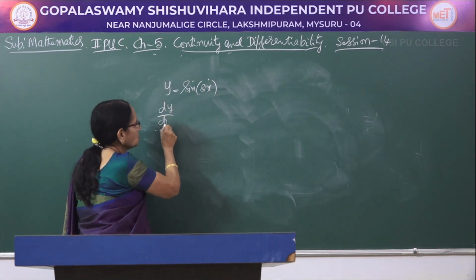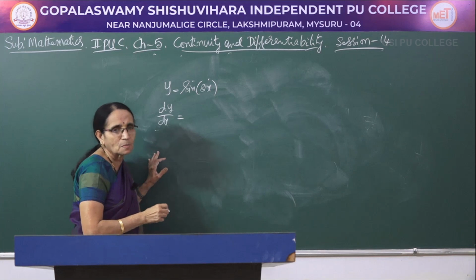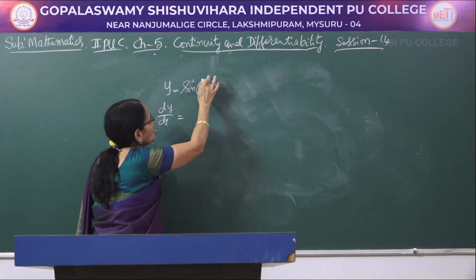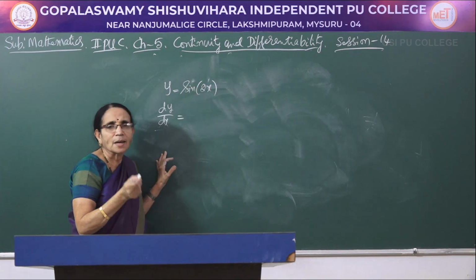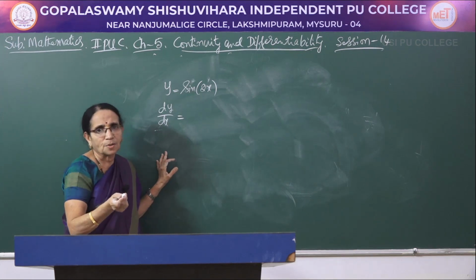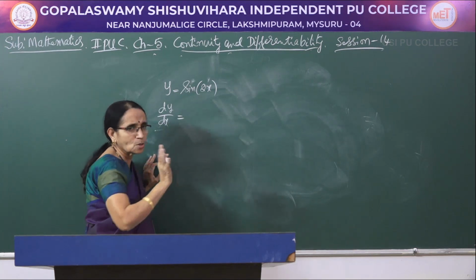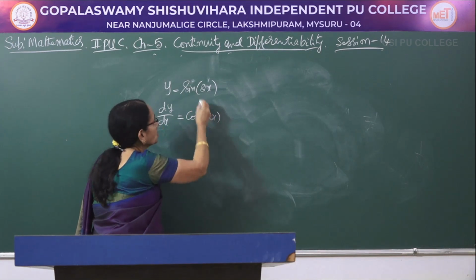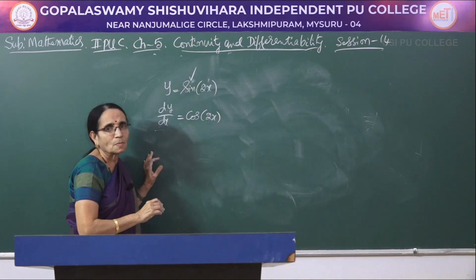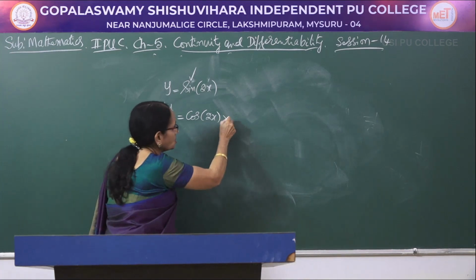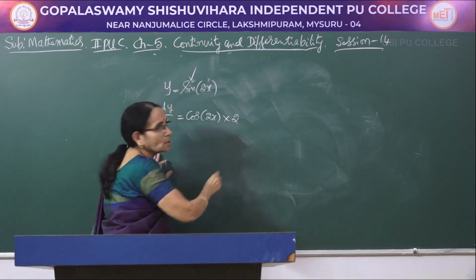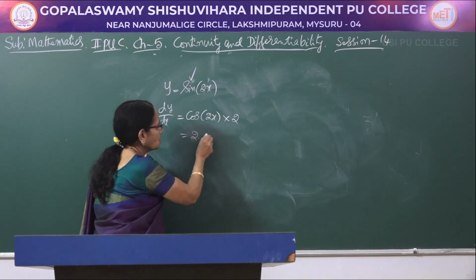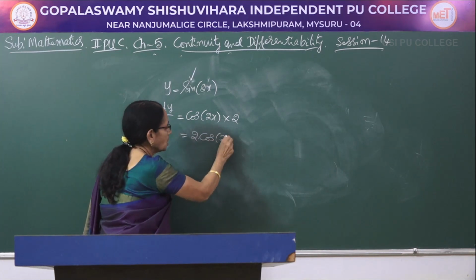Differentiate with respect to x, that is dy by dx equal to, now you know that sin of x has the derivative cos of x. In the place of x I am having only 2x, that is all. Therefore, it is cos of 2x. So sin part is over. Now for 2x it is 2 into 1. So how do you write this one? It is 2 cos 2x.